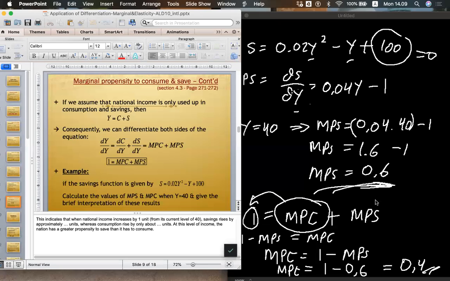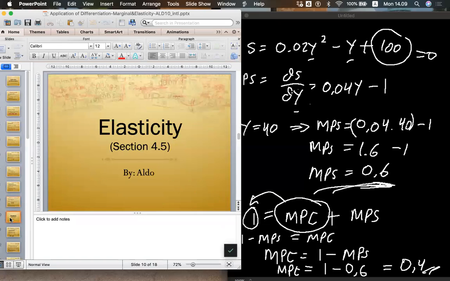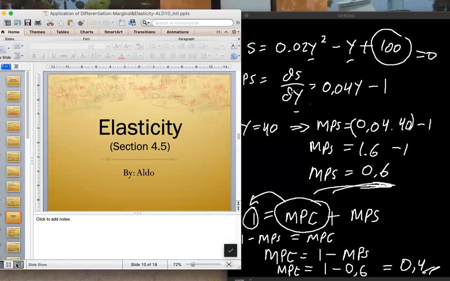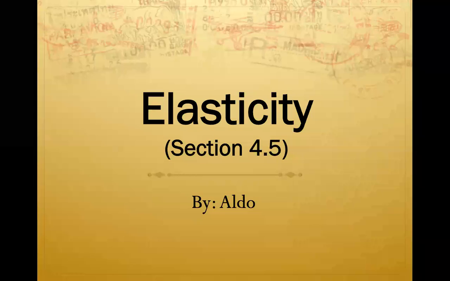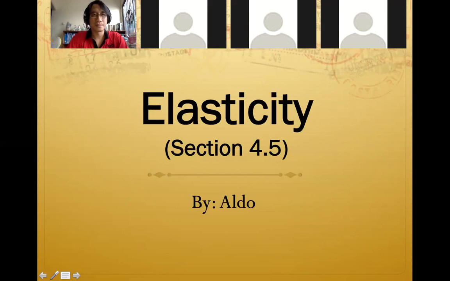But usually for individuals, consumption will be higher than saving, maybe for most people. Yeah, that's about the marginal propensity, or about the marginal things. One of the implementations of differentiation.